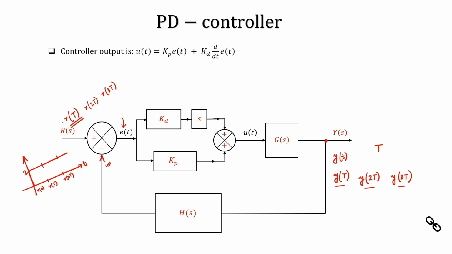Now with each sample you will subtract the output sample from the reference sample, after multiplying with H(s). To make our life simpler, let us consider that H(s) is 1, just to explain the thing.